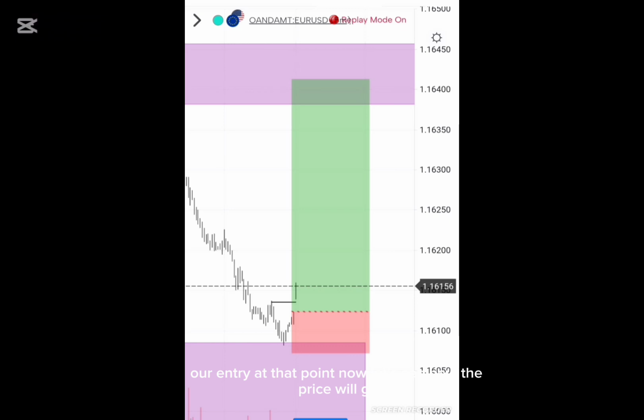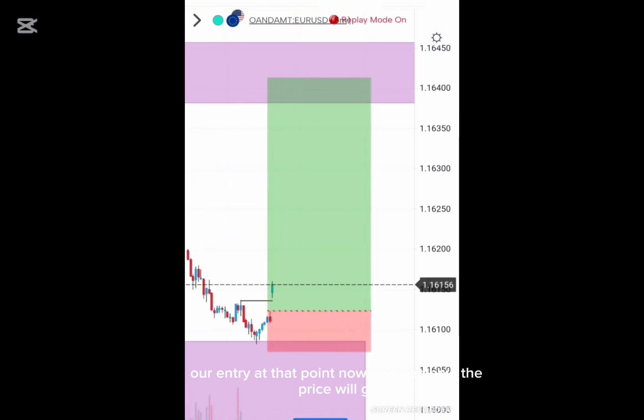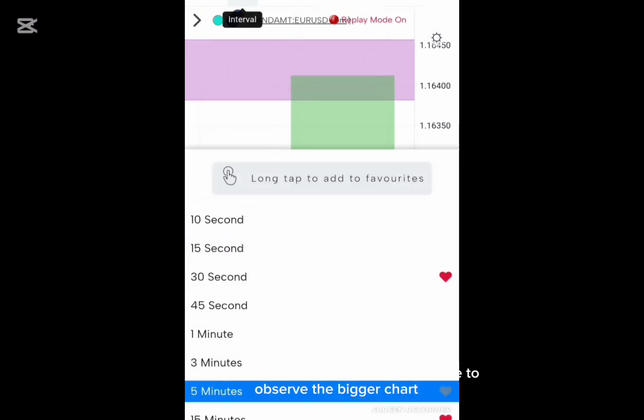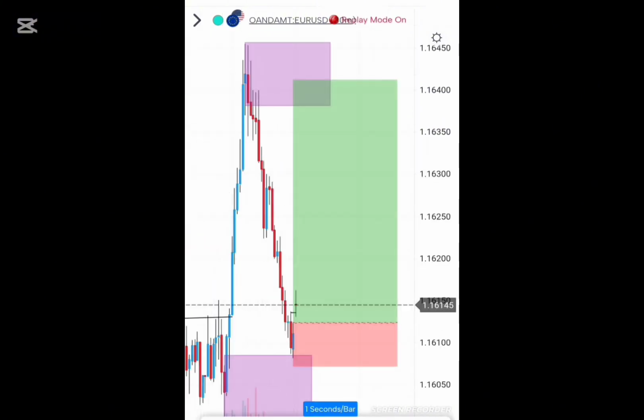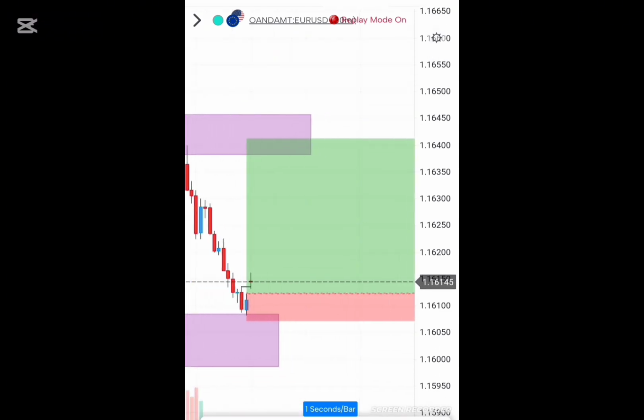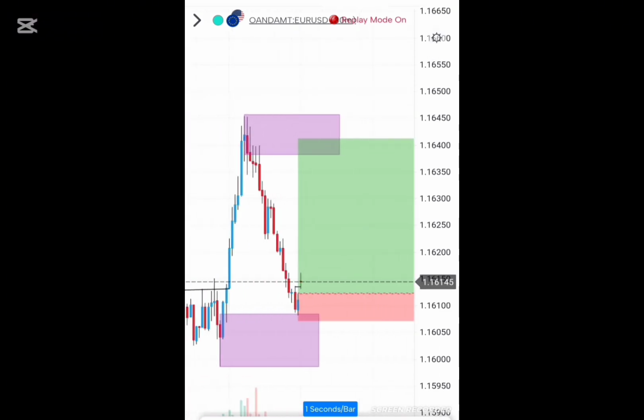Now let's see how the price will go. Let's go back to the 30-minute time frame to observe the bigger chart. Now this is our target, and let's play the price.